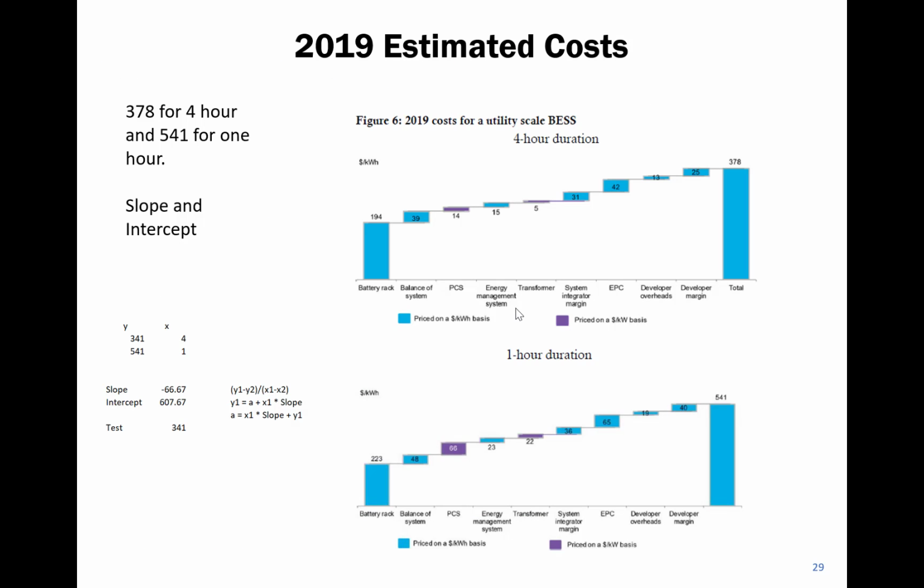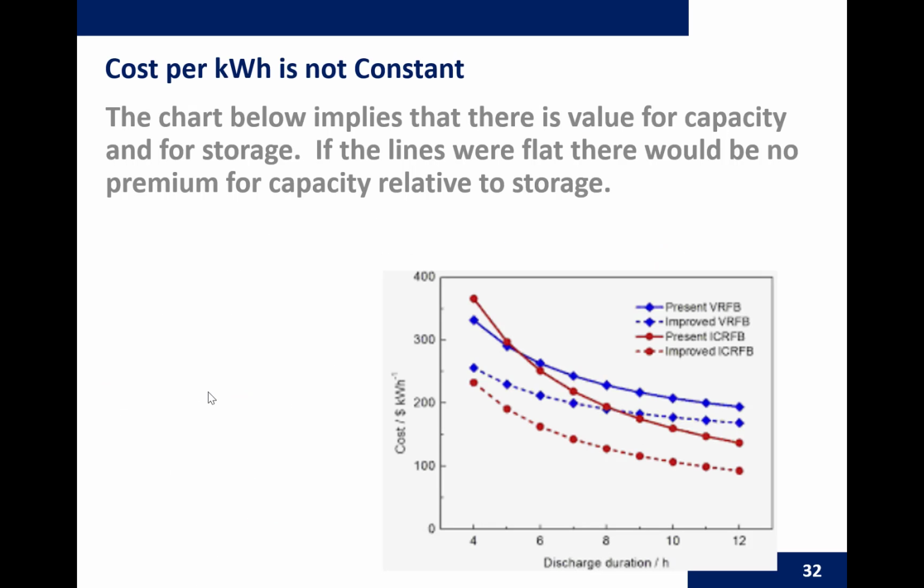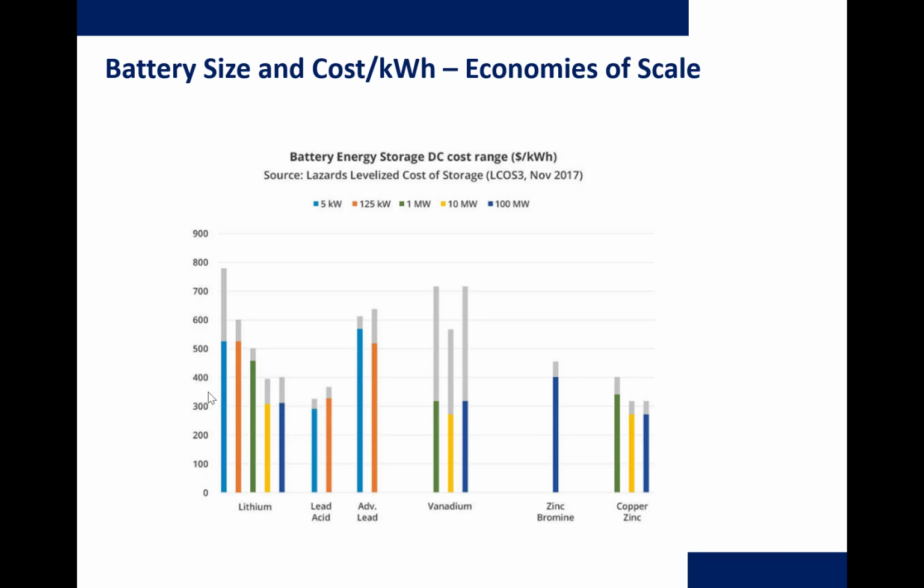And then I showed you this thing, and I made a little slope and intercept. And we have more examples of how the cost is different with different durations. And in this case, we've also got a very interesting thing that says the bigger the battery, the lower the cost. So we've got some interesting economies of scale that are apparently different for different batteries.